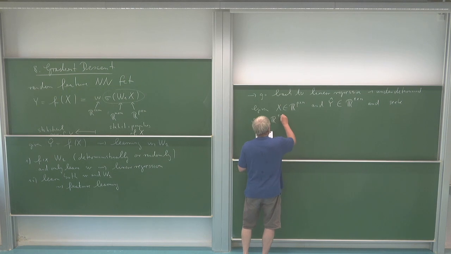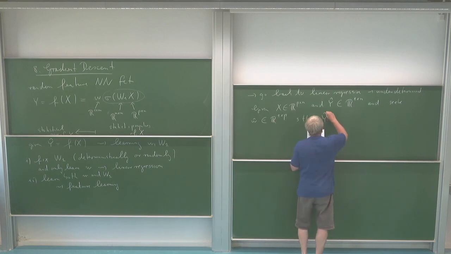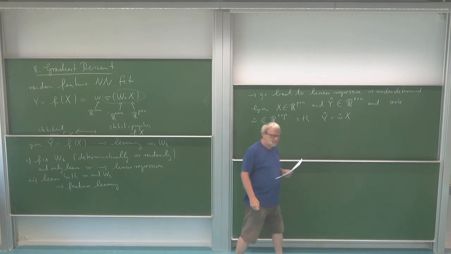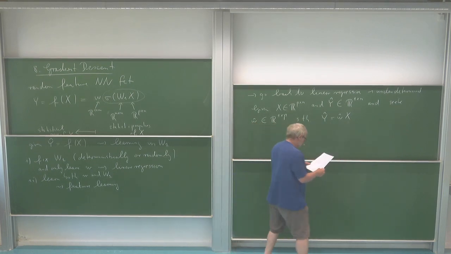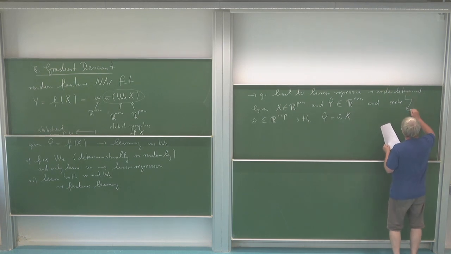So this is a 1 times p matrix. So it's a vector such that y hat is w hat times x. Good. And in our case, the underdetermined case corresponds to the fact that n is less than p.